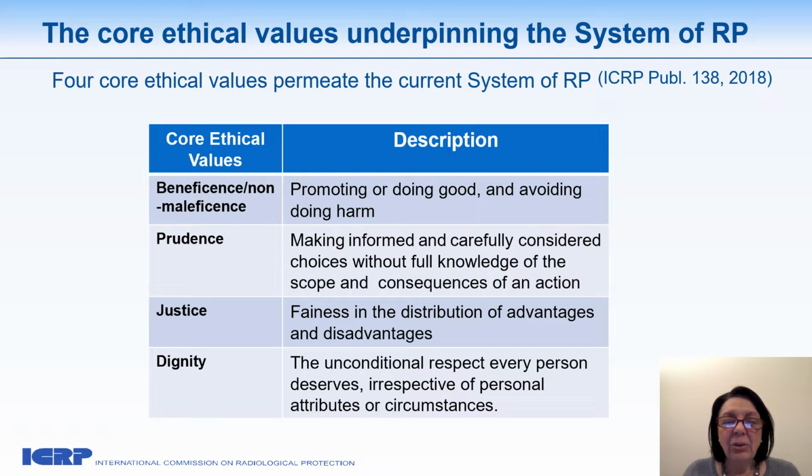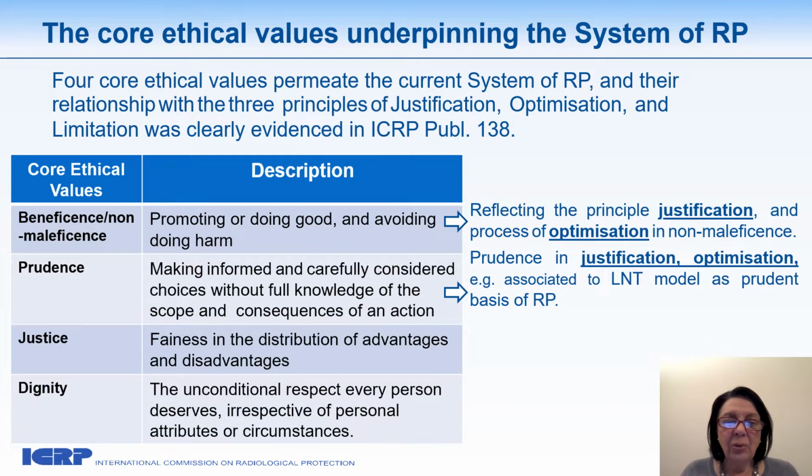So we know that the core ethical values that underpin the system of radiation protection were already identified in Publication 138 as beneficence, non-maleficence, prudence, justice, and dignity. And moreover, the relationship with the three principles, justification, optimization, and limitation, has been evidenced in the same publication.